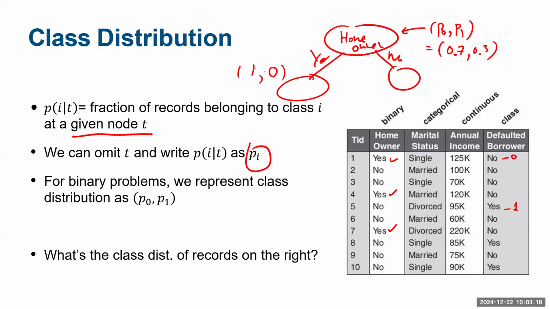So 100% is no, and 0% is yes. What about the right side? We have 4 no and 3 yes. So it's going to be something like this. So that is the distribution. We have the distribution of the parent, and the distribution of the child nodes.